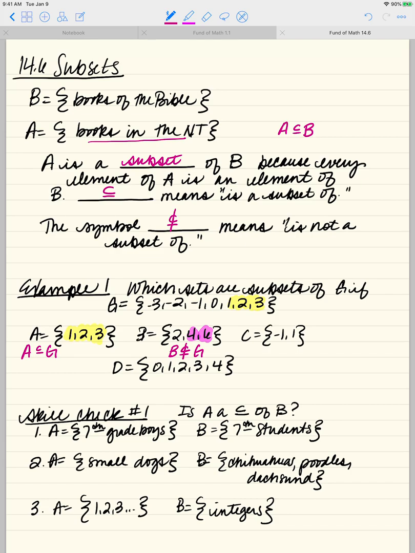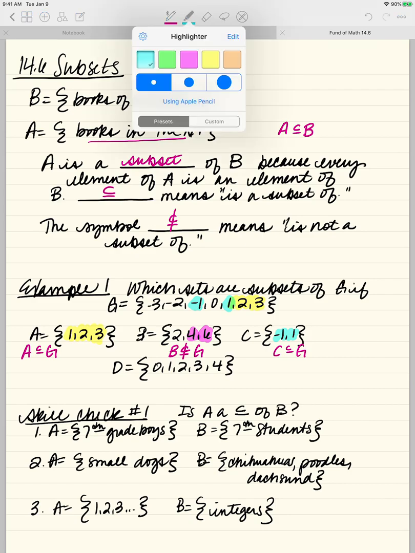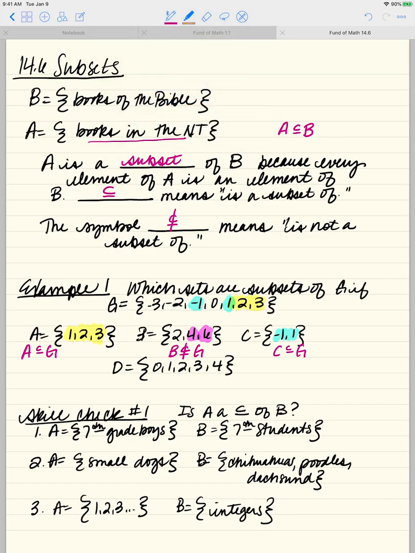Set C is -1, 1. I see a -1 here, and I see a 1 here. So set C is definitely a subset of set G because every element in C is included in G. The last one we're looking at is set D, 0, 1, 2, 3, 4.